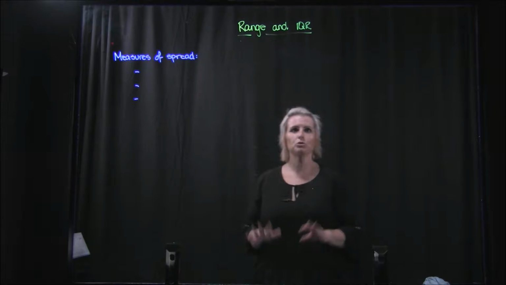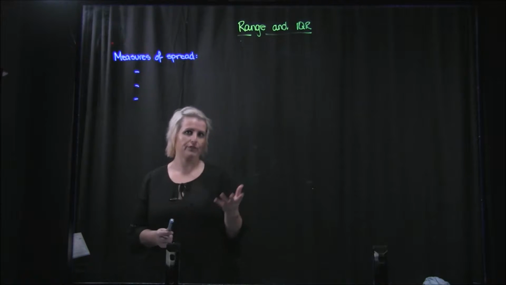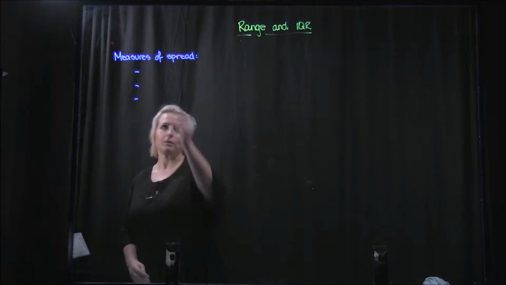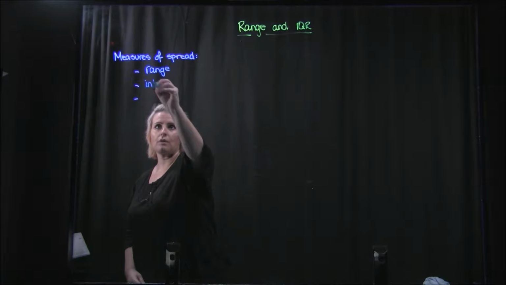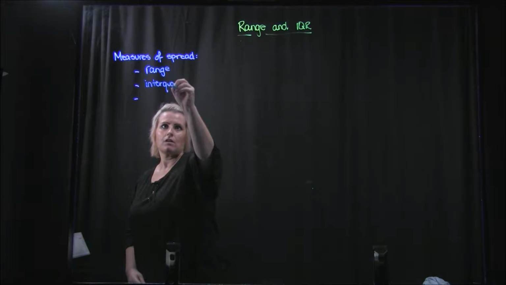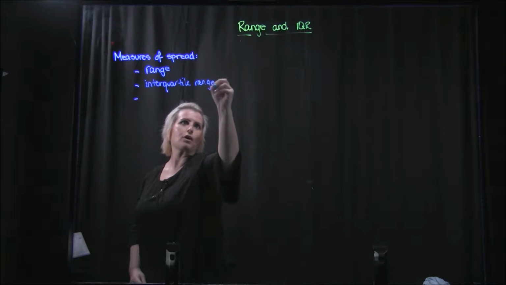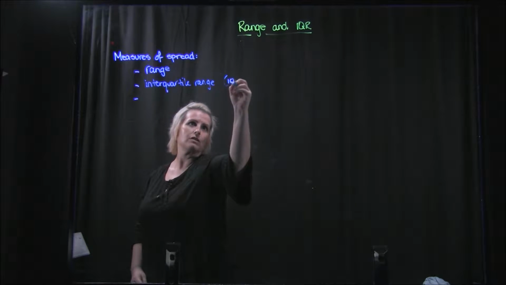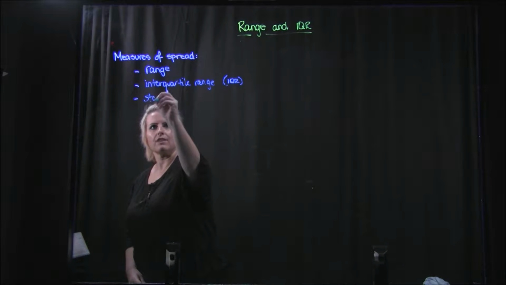Okay, so we're going to talk range and interquartile range. These are both measures of spread. We've got three different ones: range, interquartile range, which is what IQR stands for, and standard deviation.